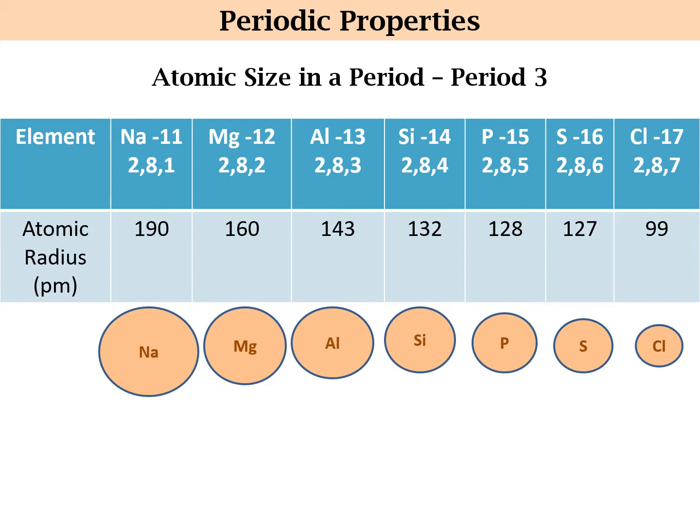The smallest being chlorine, because there are 7 electrons in the valence shell and the nucleus has to exert a lot of force for holding those 7 electrons in the valence shell, and so the size becomes smaller. So this is the trend that is observed in case of atomic size in a period. We have selected period number 3, but this trend is observed in all periods. Now let us see the periodic trend in a group.